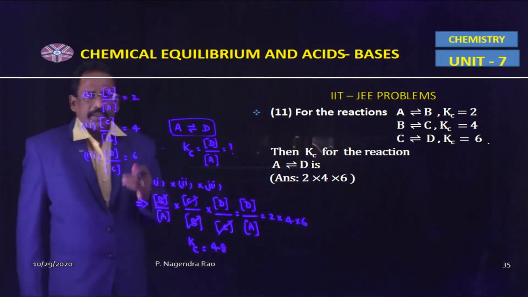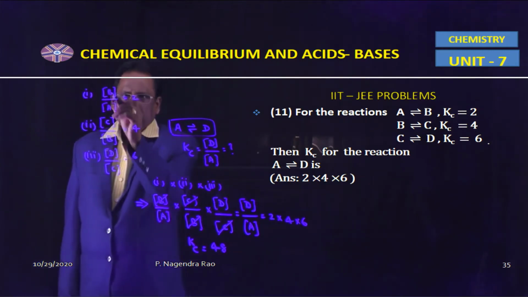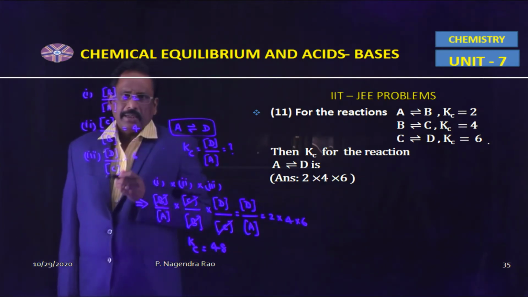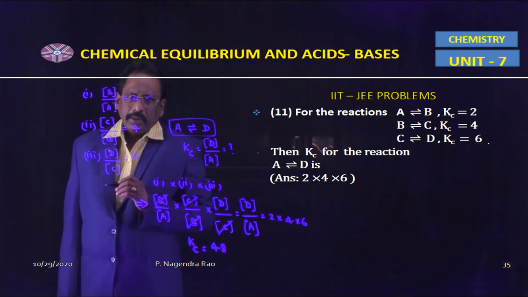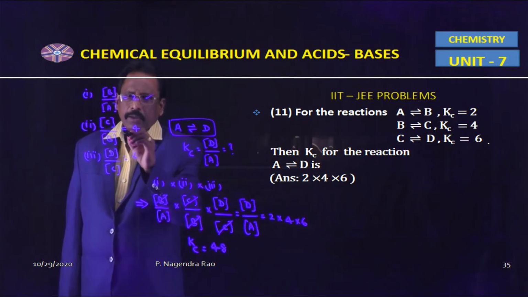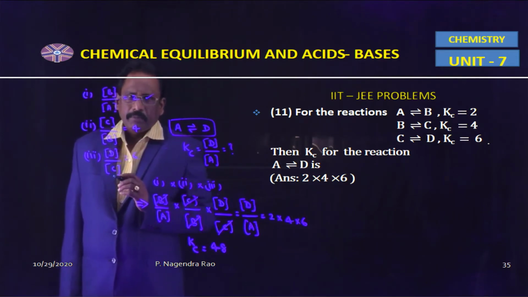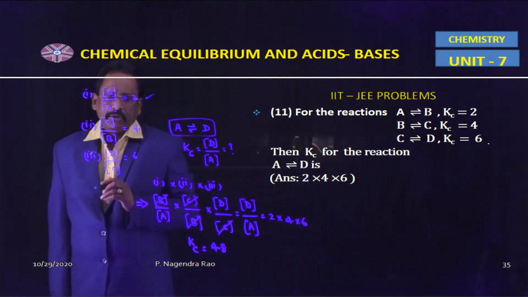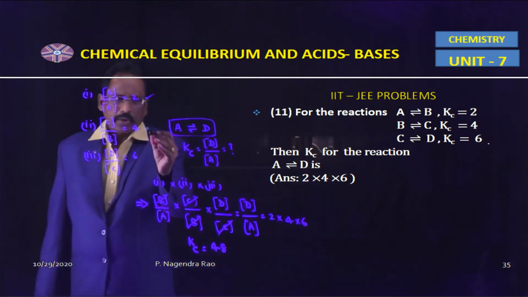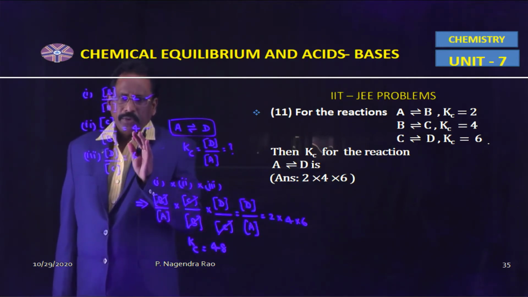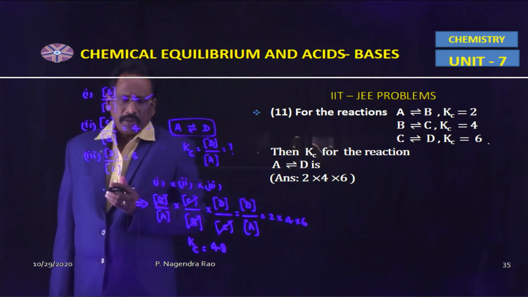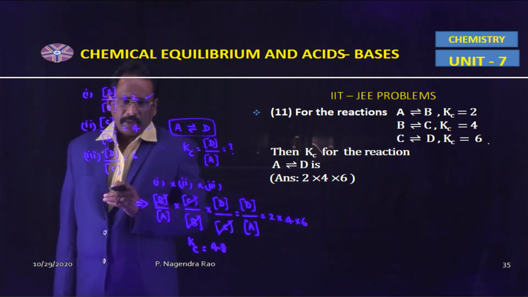So for the first dynamic equilibrium, active mass of products divided by active mass of reactants is equal to 2. And for the second dynamic equilibrium, active mass of C divided by active mass of B is equal to 4. For the third dynamic equilibrium, the C to D change, active mass of D divided by active mass of C is equal to 6.